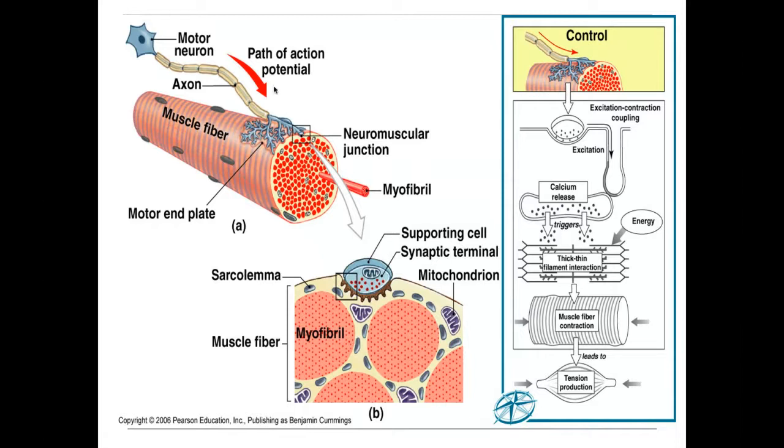So right here in this box, this is the neuromuscular junction. Let's see what's happening here. This part here would be the very end of the axon, the end bulb with these neurotransmitters. This would be the synaptic cleft, and then this would be the motor side or the muscle side.